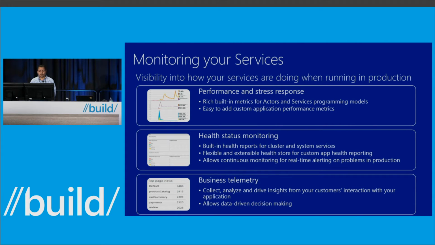For performance monitoring, we emit detailed platform metrics for both the programming models, the programming models which Mark and Vipul talked about. You can combine them with your own custom metrics to understand how your application is handling spikes and surges of customer load, figure out what the slowest API calls are, and tweak your code.